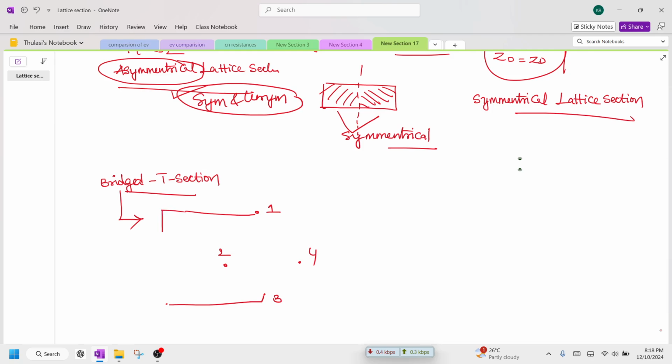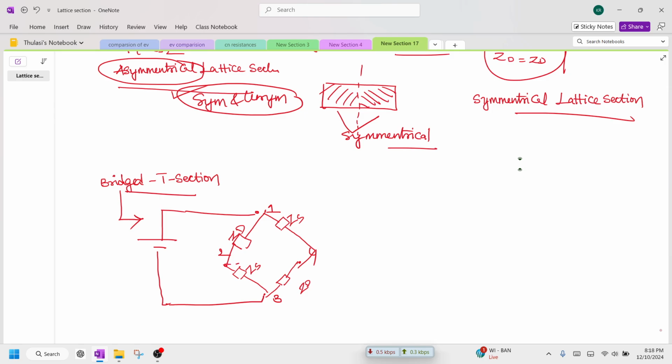Between 1 and 2, I'll apply the voltage, and I'm going to have the impedances I've shown here. This I'm going to call ZD diagonal, and this ZD, and this ZS, and this ZS.